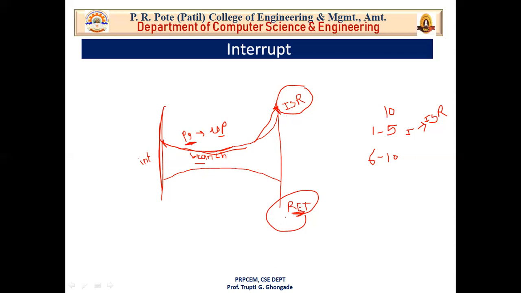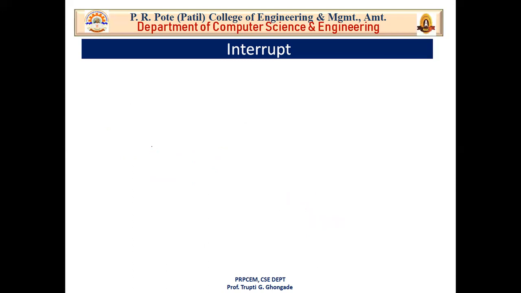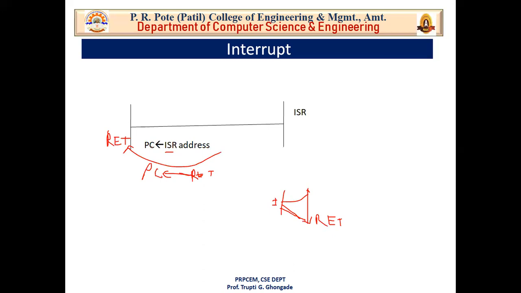After executing the ISR, the processor will come back to the main program by using the return address, which is given by the program counter. So to go to the ISR, first we need to put the ISR address into the PC, then the processor will go to the ISR, and to come back to the main program, we need to put the return address again into the program counter. So this is about the interrupt and characteristics of interrupt.